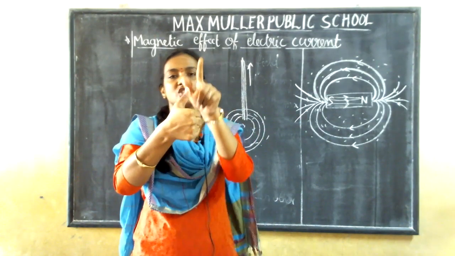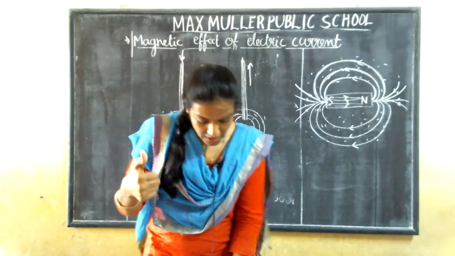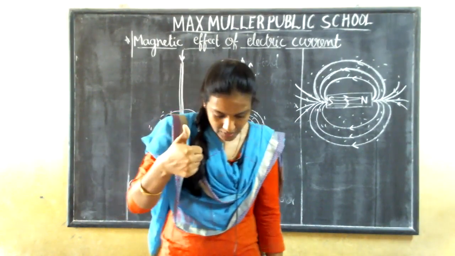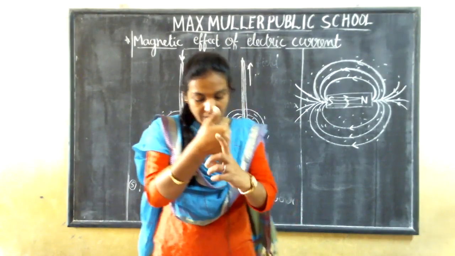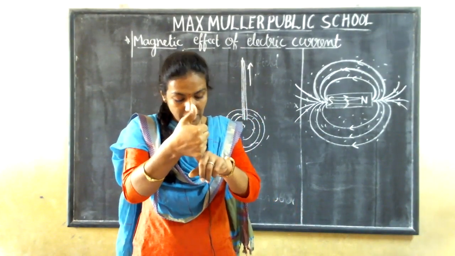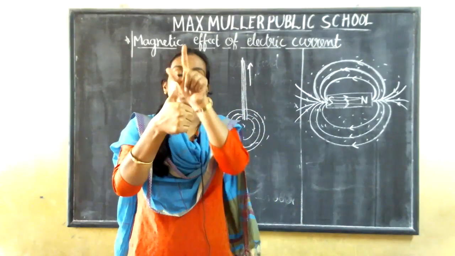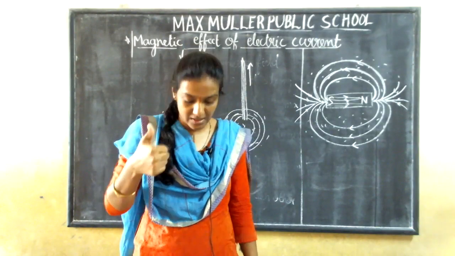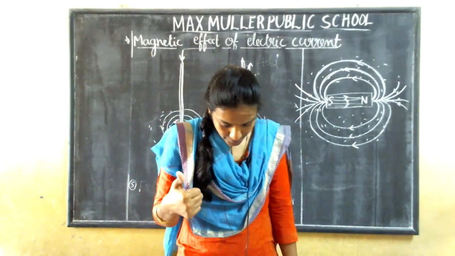This is the direction of the current. In your textbook they are also showing the fingers: these are the magnetic field lines, and this is the direction of the current. This is called Maxwell's right hand thumb rule.